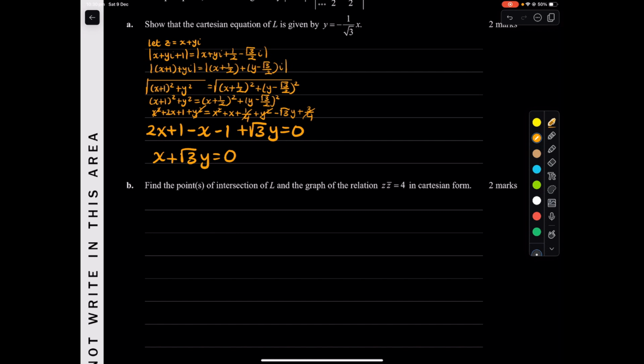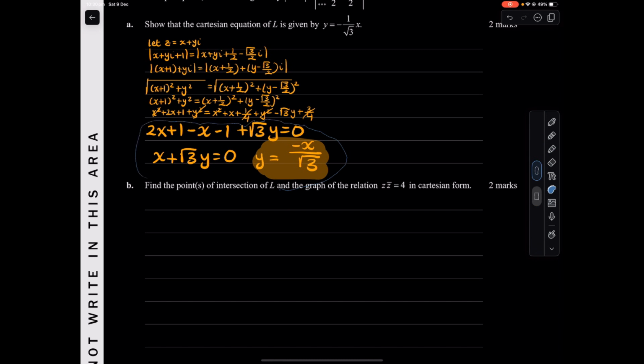Hence, we can say y is, if we bring the negative x, negative x over root 3, as we expect to be that answer. Done. That is the normal way a lot of students do it, and it's very easy. But it's always good to know a lot of ways to do questions, because it can help you if you get stuck.